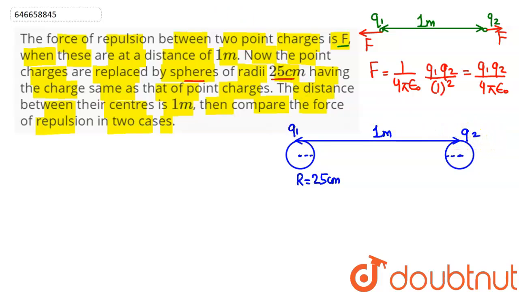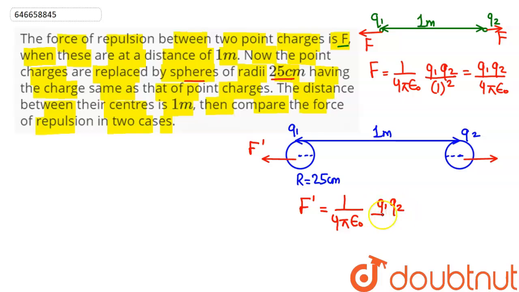Now the force of repulsion in this case will be, let's say, F dash. So we need to find this repulsive force F dash. F dash is equal to K Q1 Q2 divided by R square, where K can be written as 1 upon 4 pi epsilon naught.